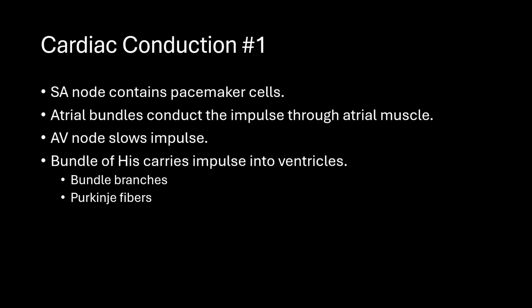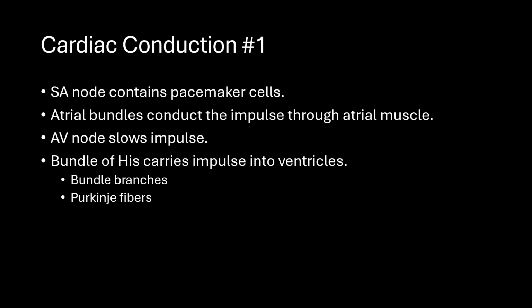Cardiac conduction. Unlike skeletal muscle, the heart doesn't rely on nerves to tell it when to contract. Instead, it has its own electrical wiring system. It starts with the SA node in the right atrium. This is considered the natural pacemaker of the heart. The impulse spreads through the atria, causing them to contract.